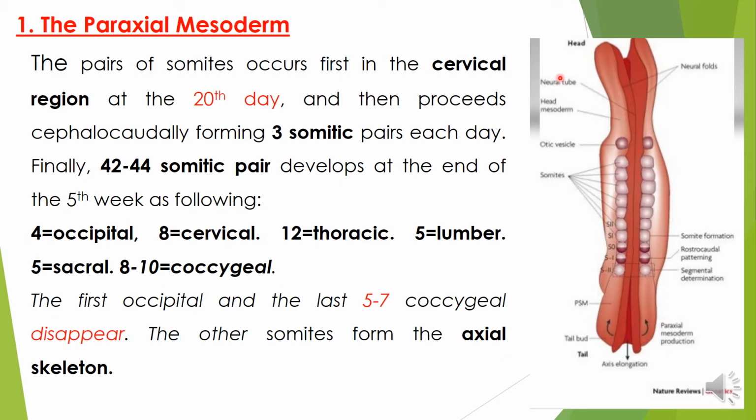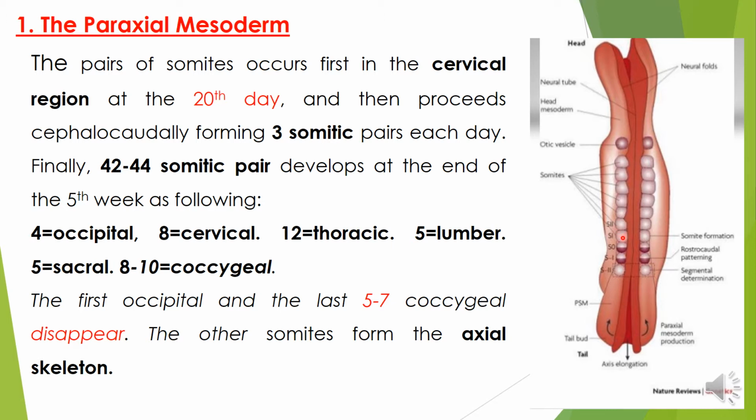The pulse of the somite occurs first in the cervical region at the 10th day, and then proceeds cephalocaudally, forming 3 somite pairs each day.